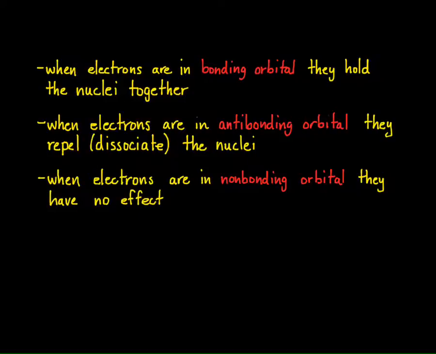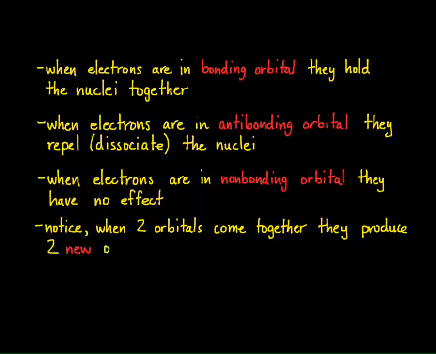The other thing that's important to understand is that when two orbitals come together, they always produce two new orbitals. When three orbitals are combined, they always produce three new orbitals. When four orbitals are combined, they produce four new orbitals, and so on and so forth. And so this is an important concept to understand, okay?